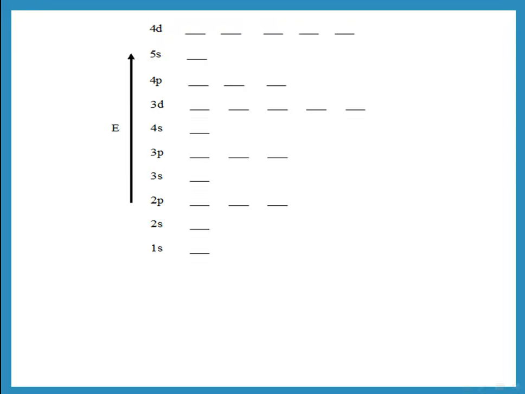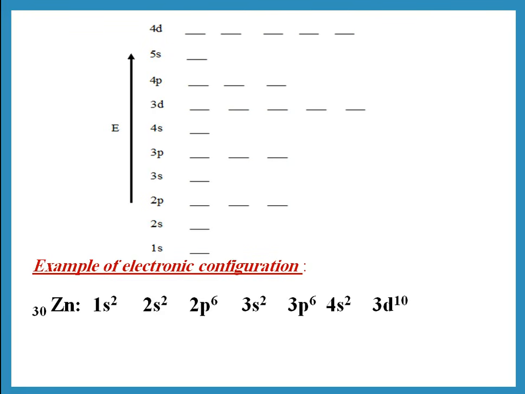Each of these lines represents an orbital, and we said that an orbital can take 2 electrons, and that means I need to put 2 electrons into each of these lines that I have drawn. So let's see. Example of an electronic configuration. If he says, let us write the electronic configuration of zinc, the first thing you're going to ask yourself is how many electrons in zinc?